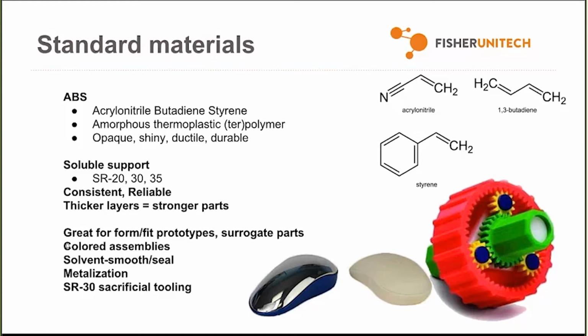Bear in mind that you'll always get stronger parts, though, with thicker layers. This is something I always cover in my Insight class. Thicker layered parts will also warp less, so your parts are less likely to fail. Now, that all has to do with thermal mass and basically how much internal stress you introduce into your part as you're printing.